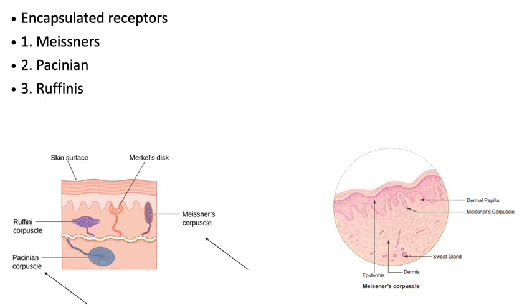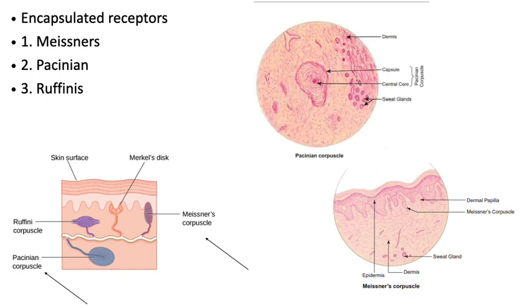Concentric layers, and it is also present in ligaments, joints, joint capsules. Okay, so sensitive to pressure and vibration. I think I have a picture of Pacinian corpuscles. Yes, this is showing you the proper lamellae, concentric lamellae.